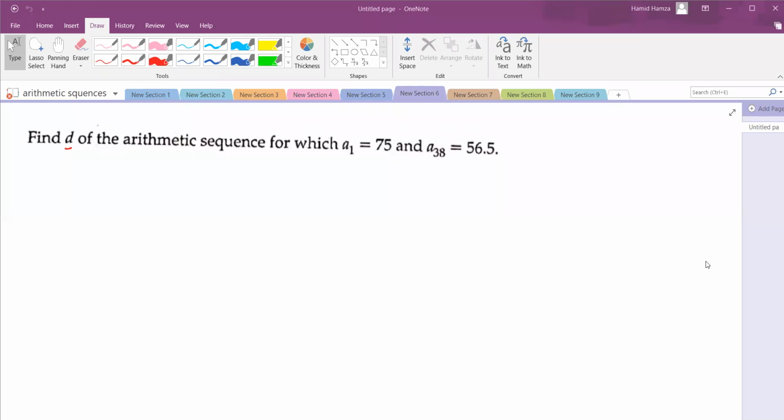It will be 56.5 equals 75. We write the rule first, and after that we substitute.